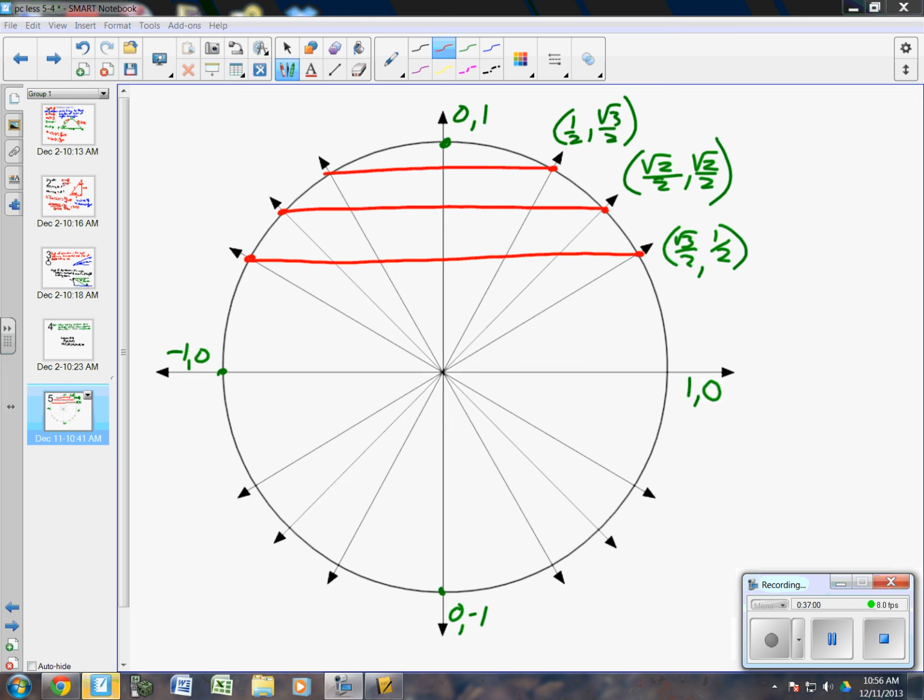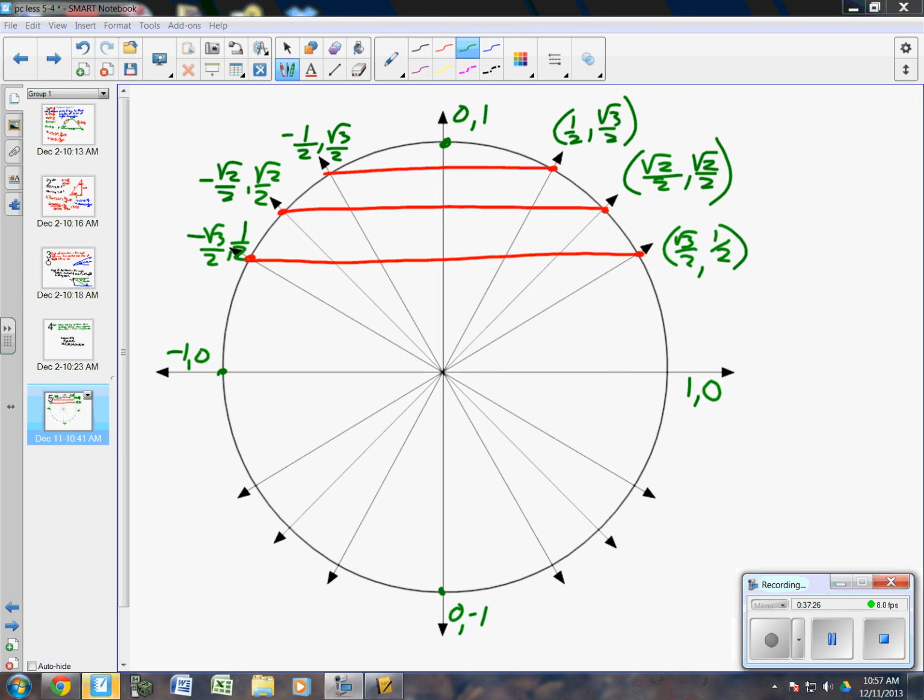Negative. So it's the exact same numbers except the x numbers are all negative. So negative root 3/2, comma 1/2. Y's not negative, is it? Negative root 2/2, comma root 2/2. And negative 1/2, comma root 3/2. So you see how those were reflections?